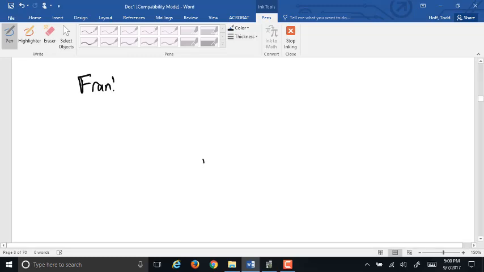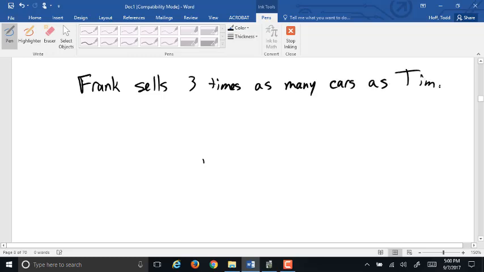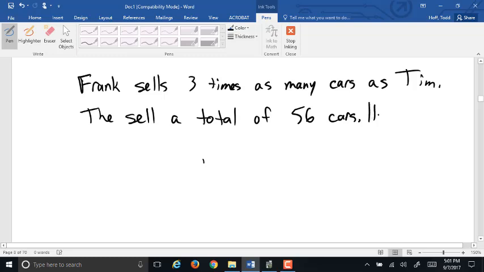For example, let's say that Frank sells 3 times as many cars as Tim. They sell a total of 56 cars.